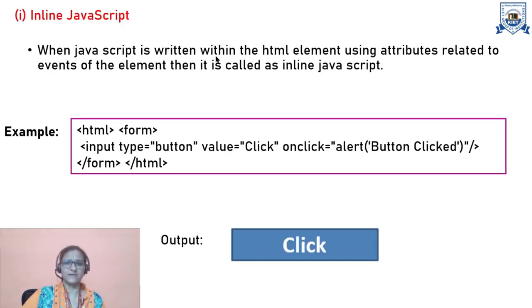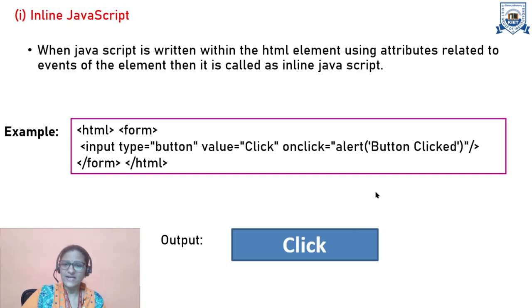In the case of inline JavaScript, when JavaScript is written within the HTML element using attributes related to events of the element, it is called inline JavaScript. The way we can use it in HTML: suppose we have made a button and we have written onclick. Onclick is an event.